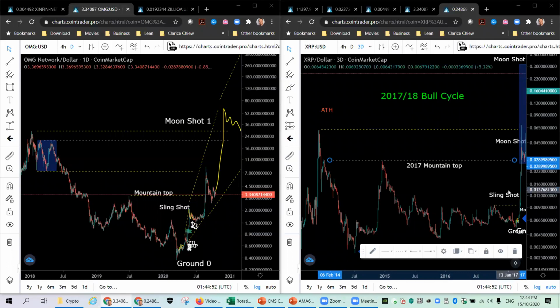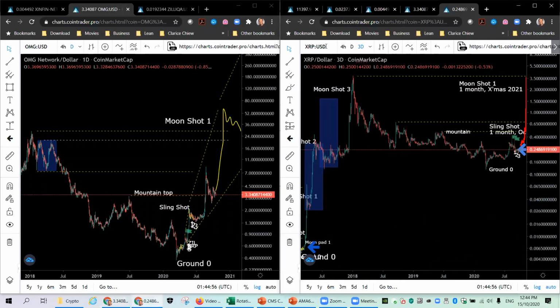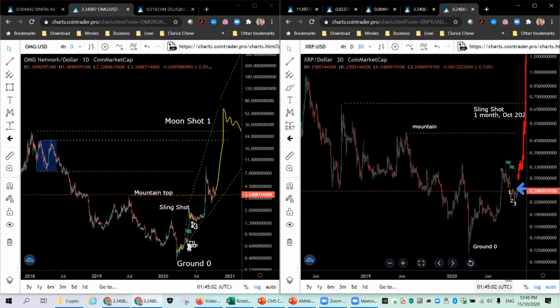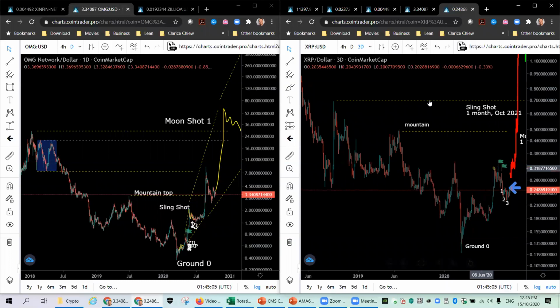XRP is doing its slingshot. Since we are here, we can do that. Right, so here's XRP, expecting it to do its slingshot on the top side. Most likely touching 70 cents potentially, and then going back down to 50 cents. So that will be the first move, most likely by end of October or early November.